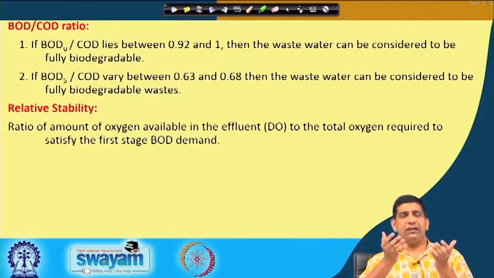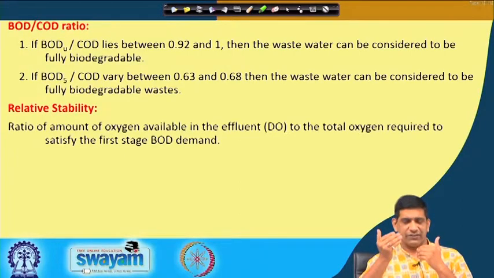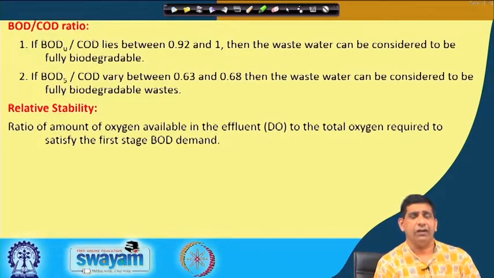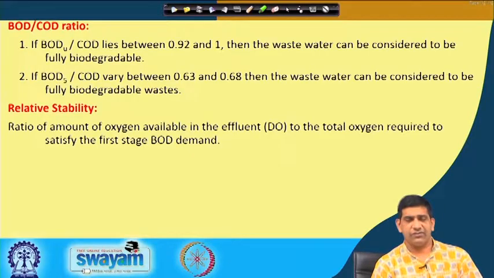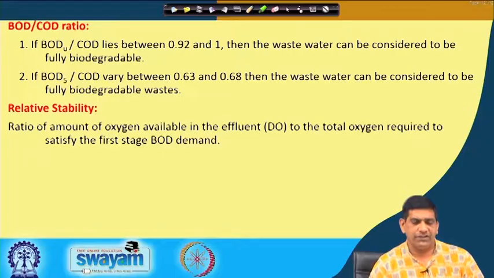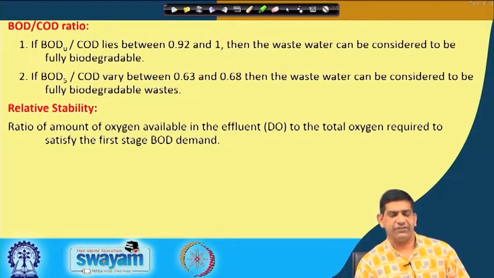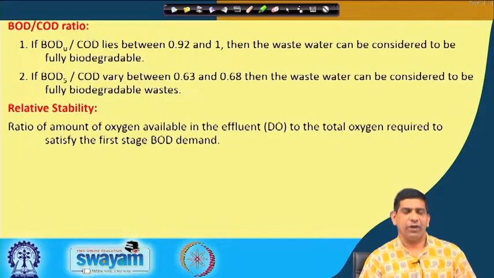Usually, with higher BOD you will see an increase in COD values too, unless there is some error or the waste is very different in nature. In general, COD numbers are much higher than BOD numbers. That is why the BOD COD ratio is important. If the ultimate BOD versus COD ratio lies between 0.92 and 1, then the wastewater can be considered fully biodegradable.